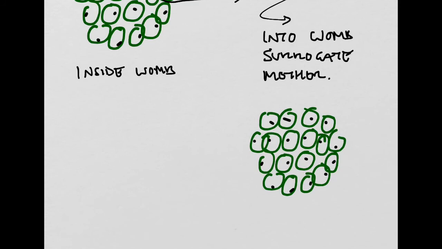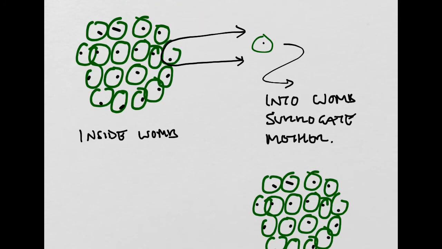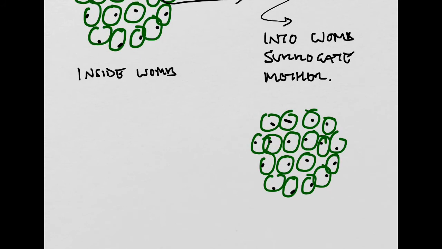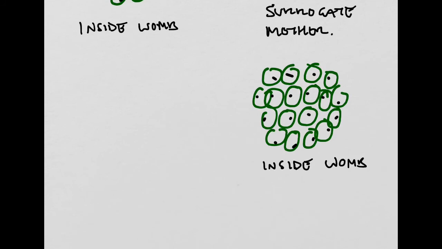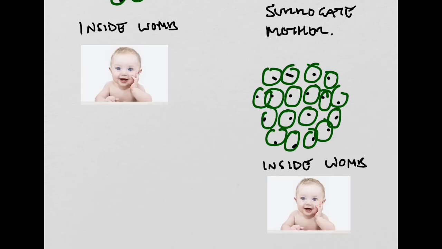And that ball of cells are going to be identical to the original ball of cells that you see here that are hanging out inside the womb of the actual mother. All right? So if we let these things come to term, the one inside the womb of the actual mother and the other inside the womb of the surrogate mother, and if they come to term and both are born, then we're going to have twins, which is kind of an amazing thing to consider here.